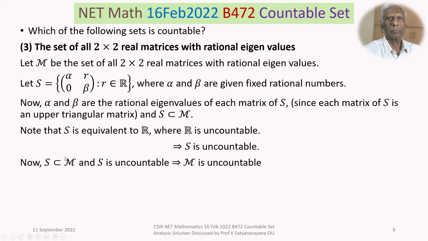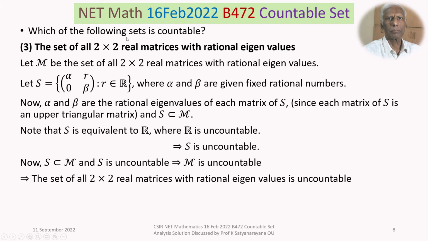Now, S is a proper subset of M, and S is uncountable. Therefore, every superset of an uncountable set is uncountable. Therefore, M is uncountable. This implies the set of all 2 by 2 real matrices with rational eigenvalues is uncountable.